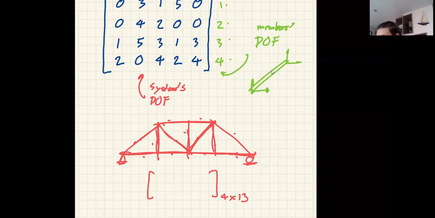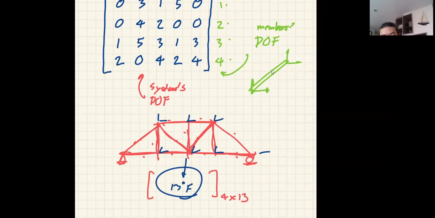And the numbers in the matrix could be, you know, how many degrees of freedom we have here. 1, 2, 3, 4, 5, 6, 7, 8, 9, 10, 11, 12, and 13. So you could have numbers 1 to 13 in here, representing 13 degrees of freedom of your structure. Well, incidentally, it has to be the same number, 13.